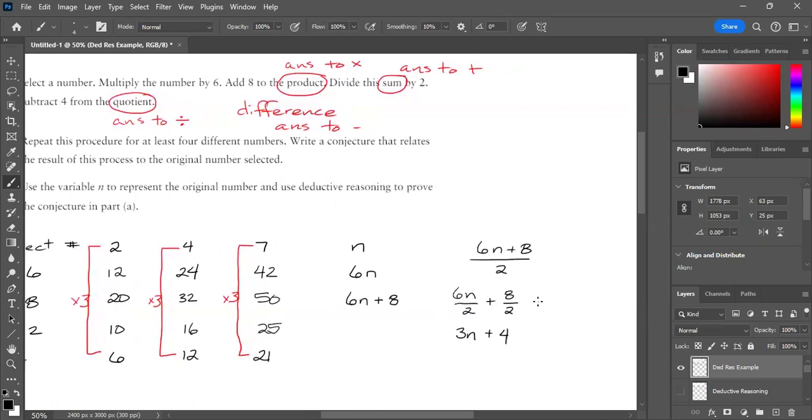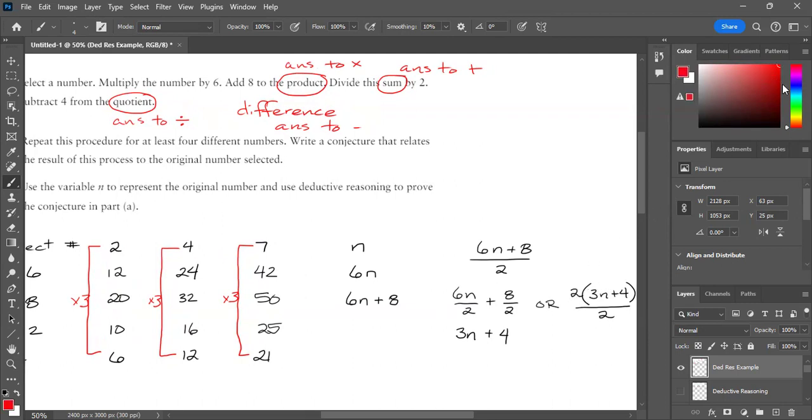Or we could factor 2 out of the numerator. And I know you don't have a lot of experience with that, but I'm going to show you what I'm talking about here in a minute. What I've done is I've said, if I divide 6n by 2, then that leaves me 3n.